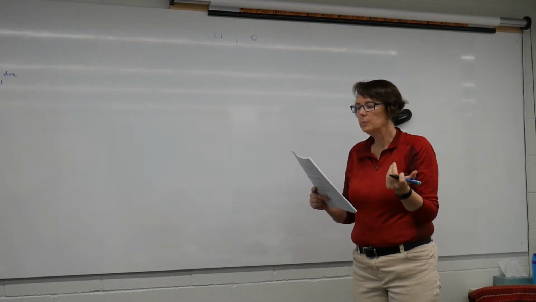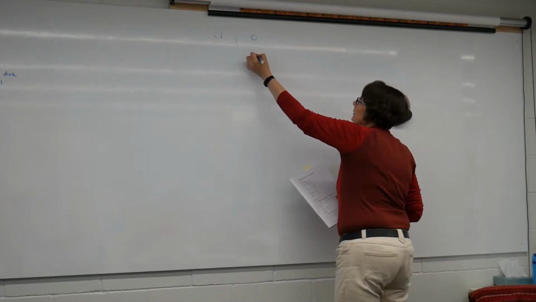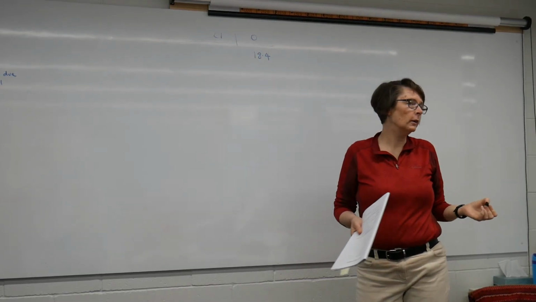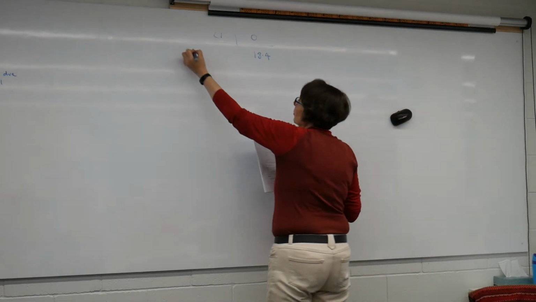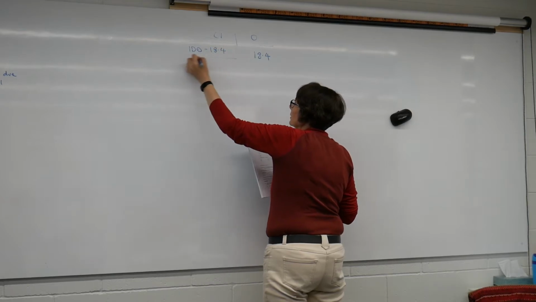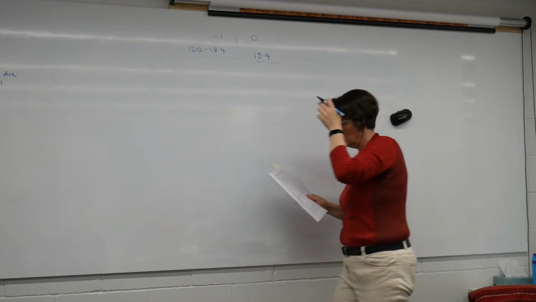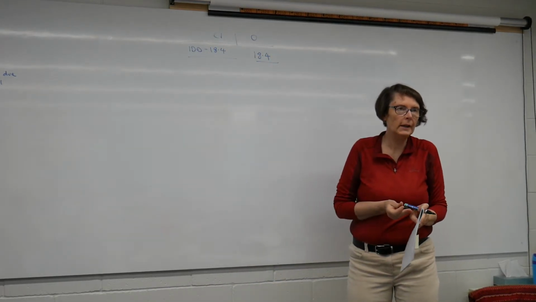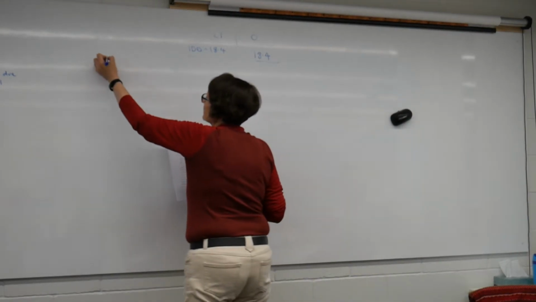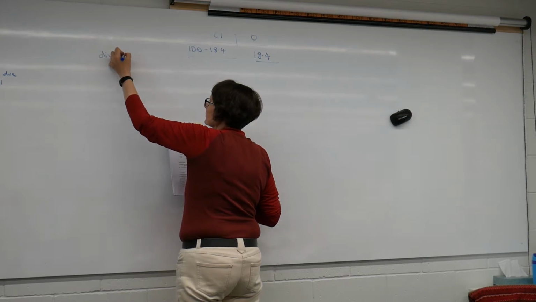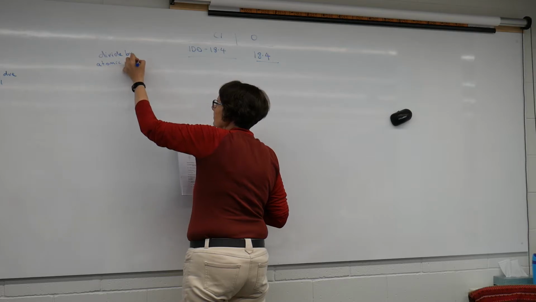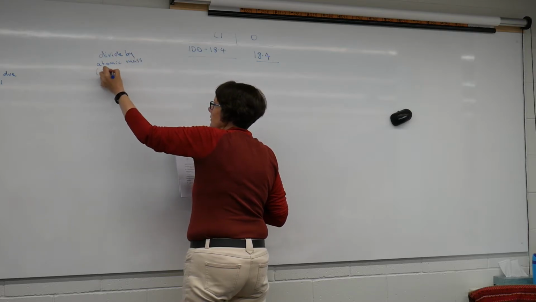If I've got 18.4% of oxygen, then what I have of chlorine is going to be 100 subtract 18.4. We always then divide by the atomic mass for elements.